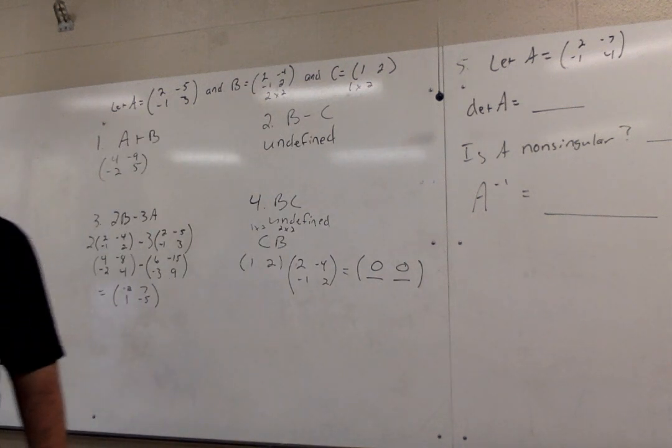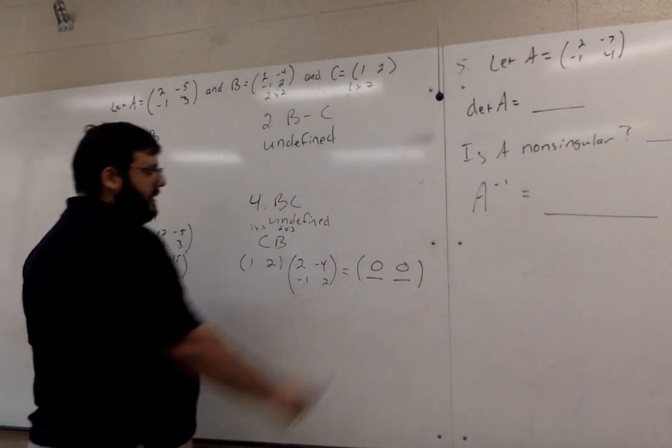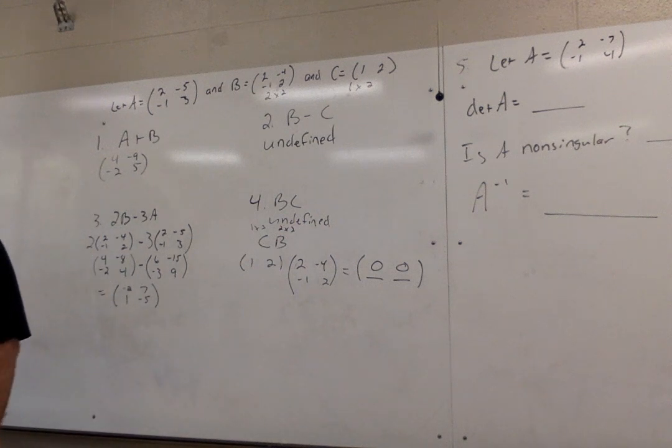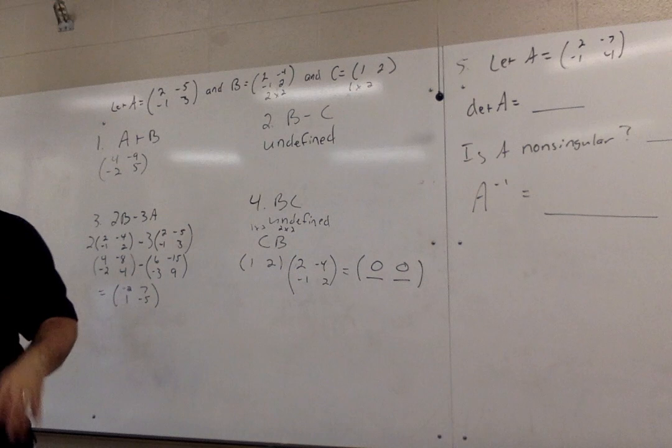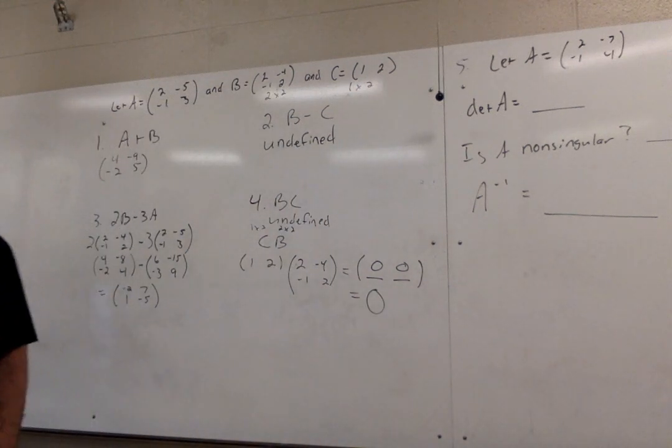Now, I don't think you'll come across answers like these on the test, but if by some chance you do, you can also write this as 0 because it's a 0 matrix. It has only zeros in it.